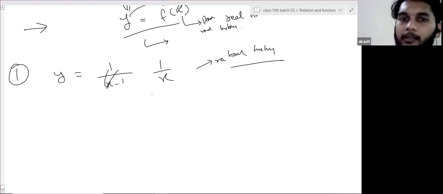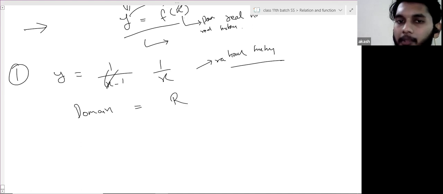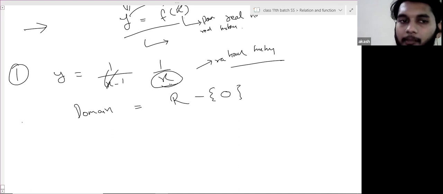Whenever you see this type of function, the domain will always be all real numbers except the values where the denominator is 0. So where will this be 0? At 0, because 1 upon 0 is not defined.